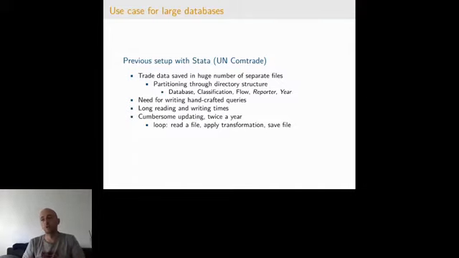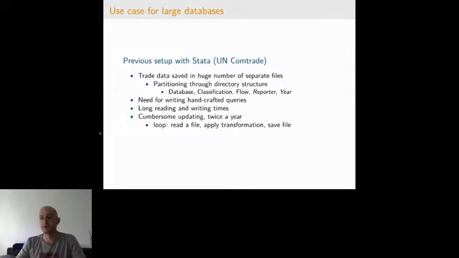So there we had several scripts, and each of those scripts was essentially a loop that read a file from somewhere, applied some transformation, for example, moving the country classification from one classification to another, and then saved the file somewhere else again.